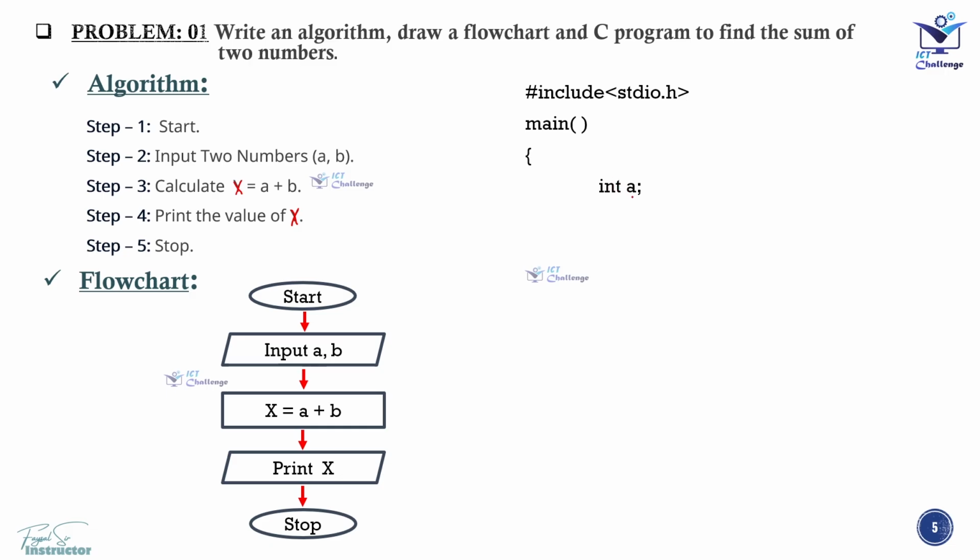If you want, you can write float a, that means you can keep a fractional value. So here I write int a, that means I want to keep an integer value inside this a. Then I write another integer, int b, that means another variable I need, and also I write here int x, that means I need another variable which is x, which also keeps an integer value.